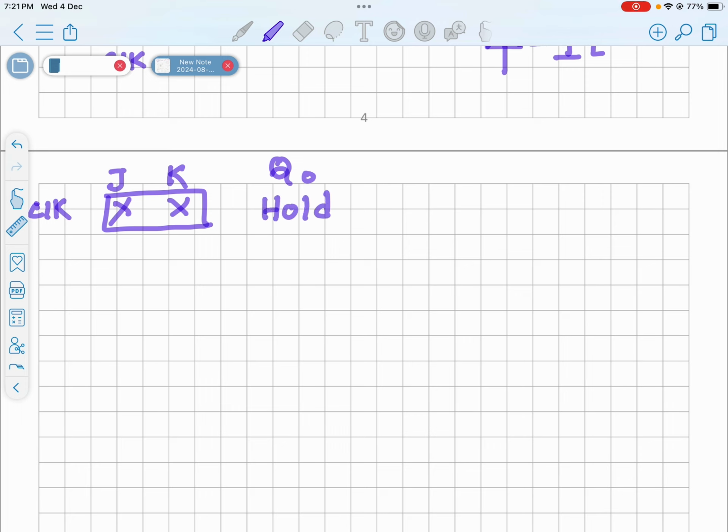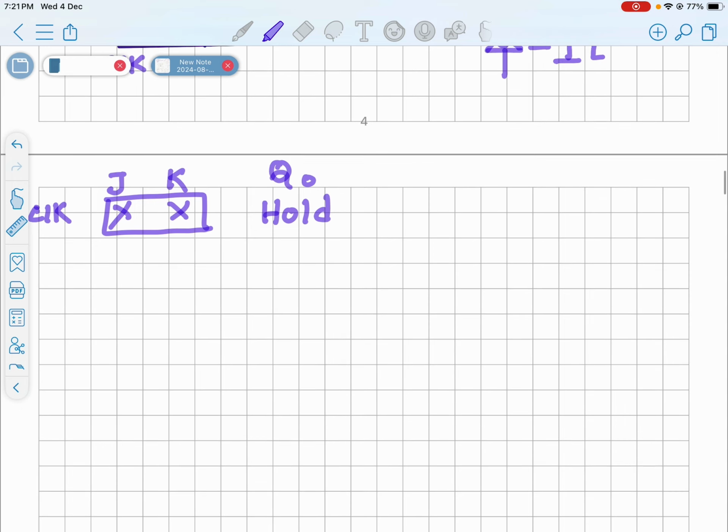That is, whatever the output was before, the same output remains. And if we give the clock, then what will happen? If J is 0 and K is 0, then the condition will be hold.